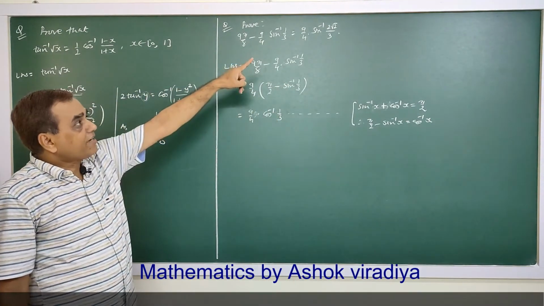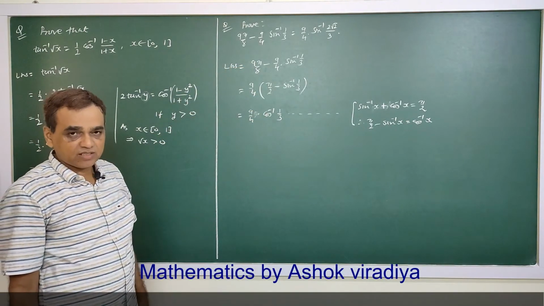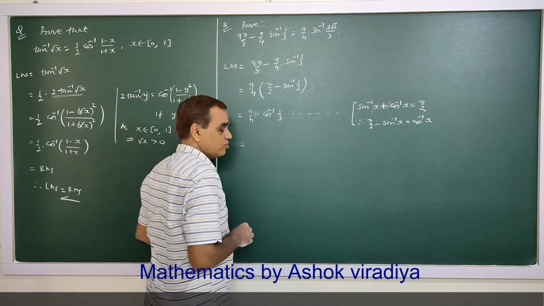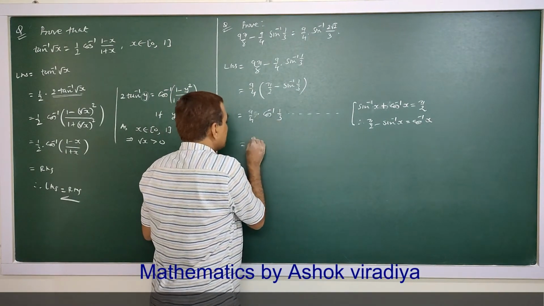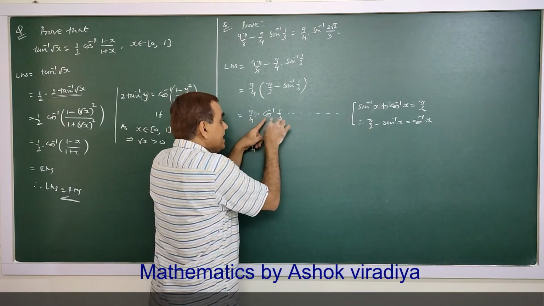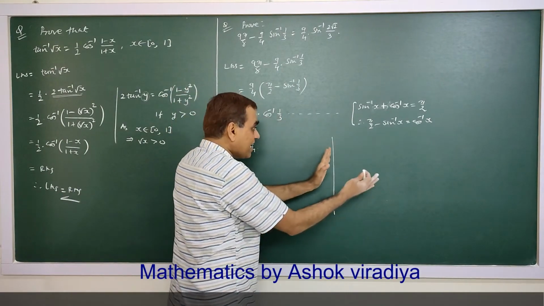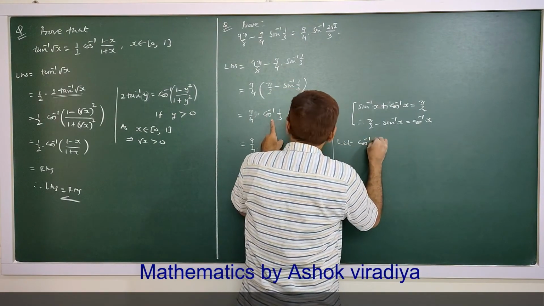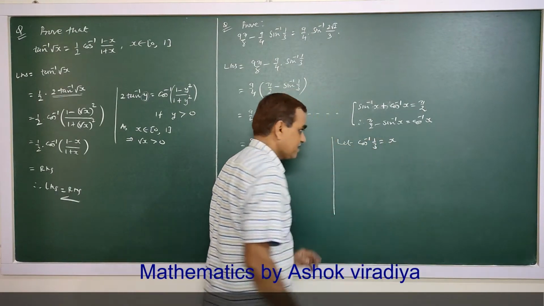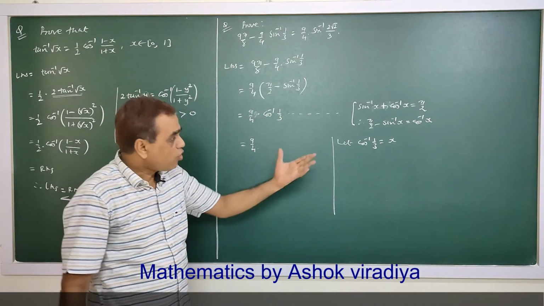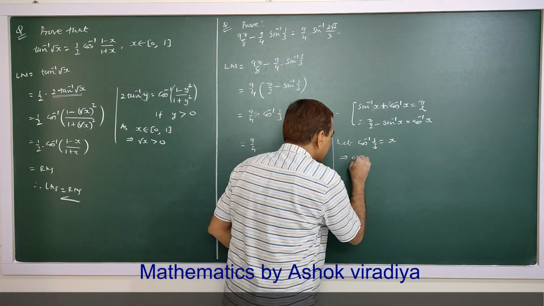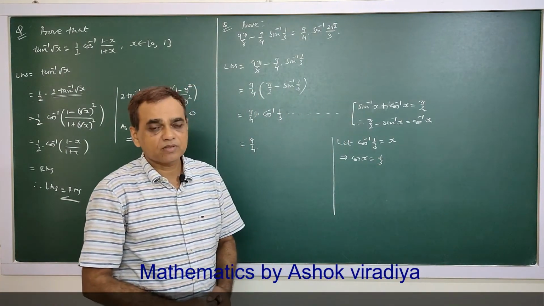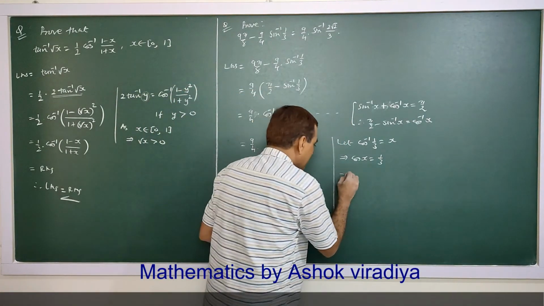Now we want the right hand side in terms of sine inverse. So what we do now, to convert this into sine inverse, we do a parallel calculation. Suppose that cos inverse 1 by 3 is x. So cos x is 1 by 3.